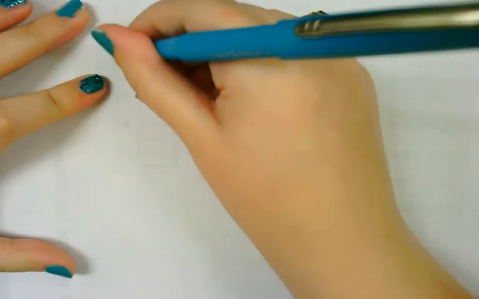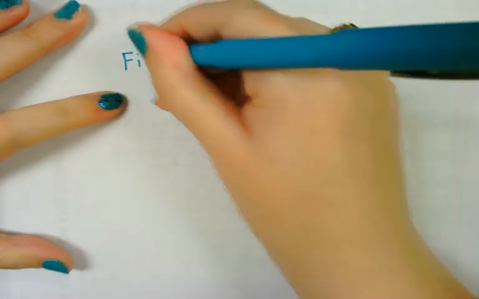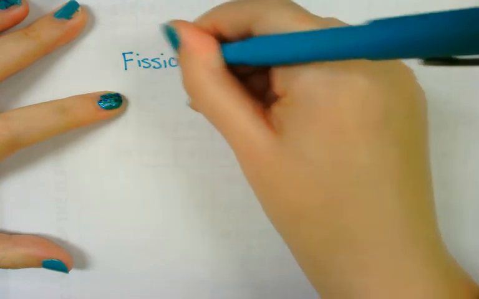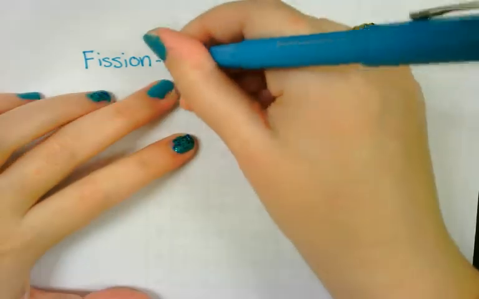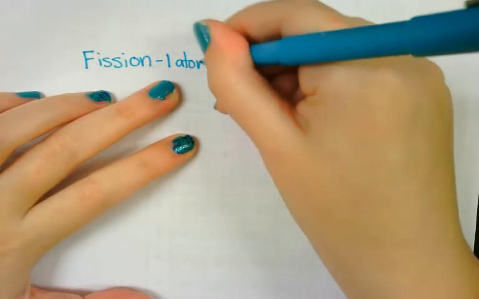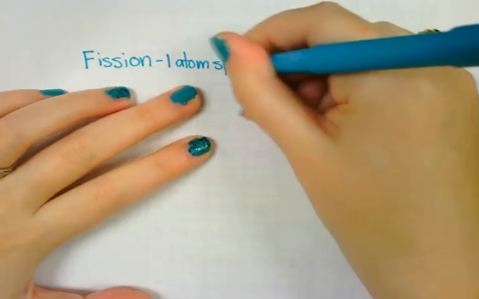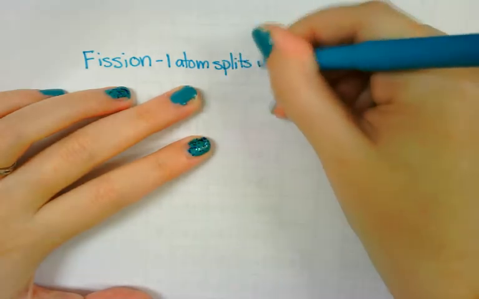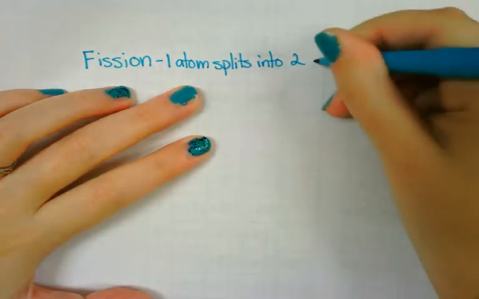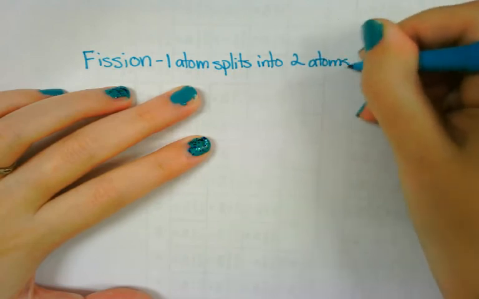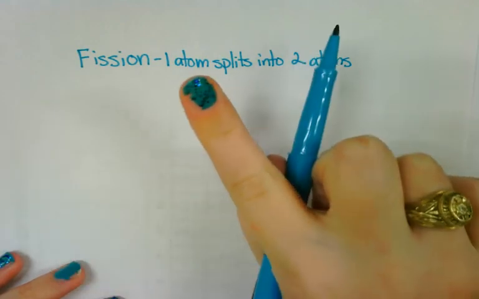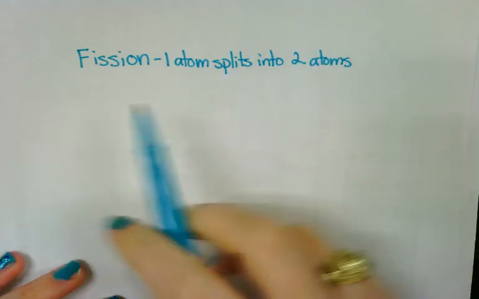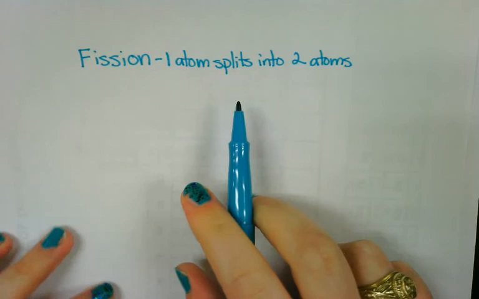So, fission happens when one atom splits into two atoms. So it's when we have one atom to begin with, and we end up with two.